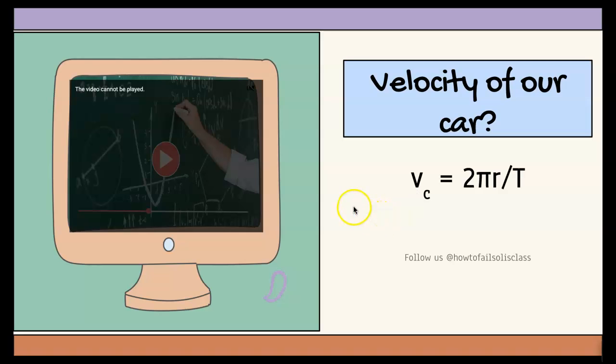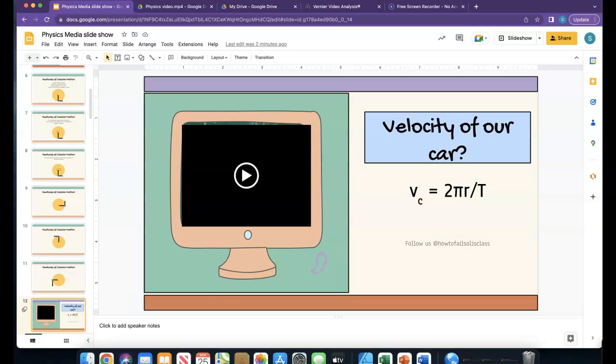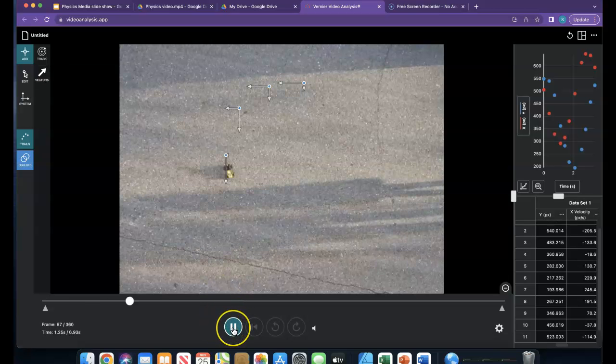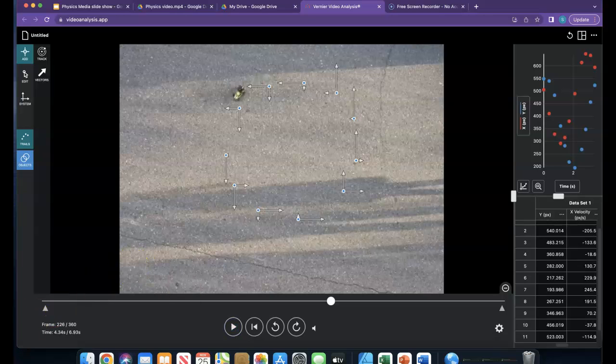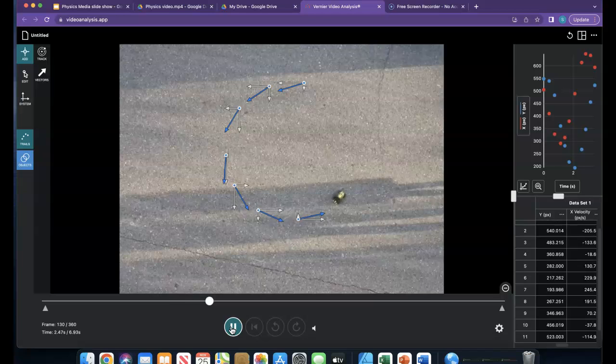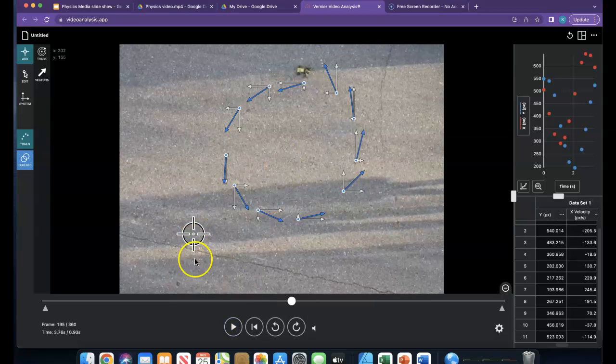So to calculate the velocity of our toy car going in a circle, we analyze our car going around and obtain the data on the time and direction of the car's movement.